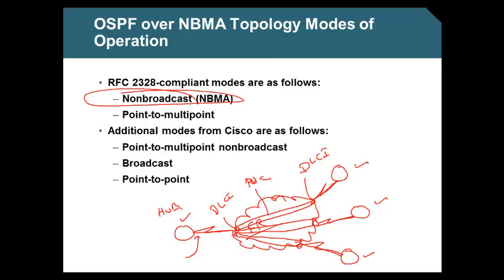To avoid DR-BDR election, you may switch to the next mode, or you need to set the priority to 0 so that they will not participate in the election. This is where the use case of priority 0 comes. But nowadays everyone uses point to point; to avoid DR-BDR, simply make it point to point.